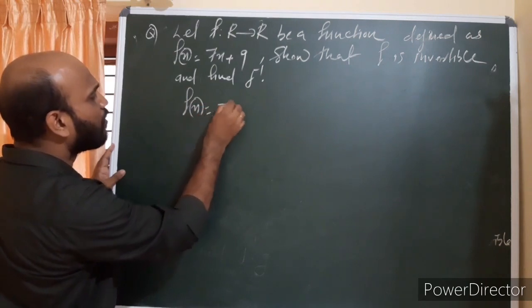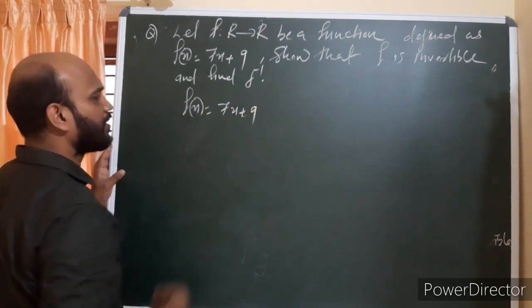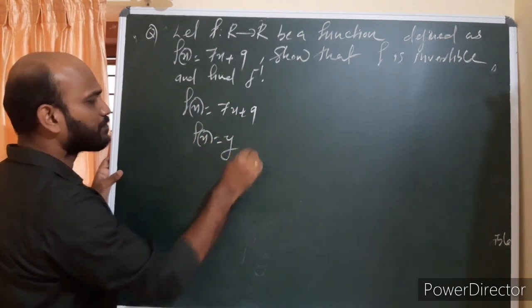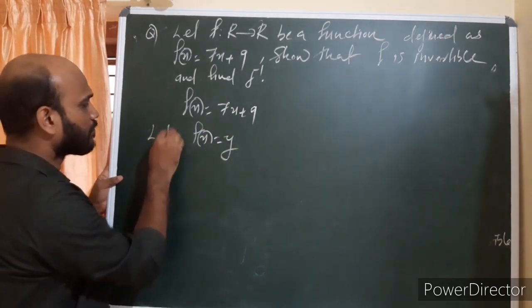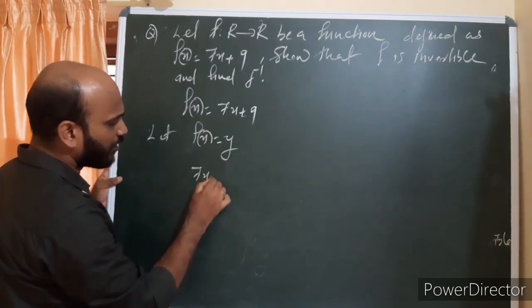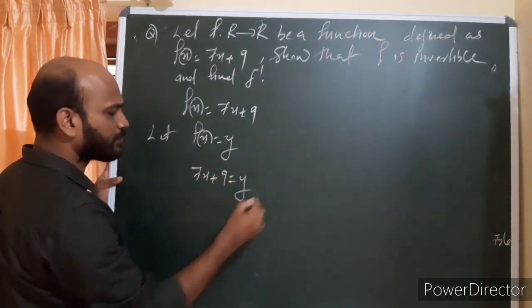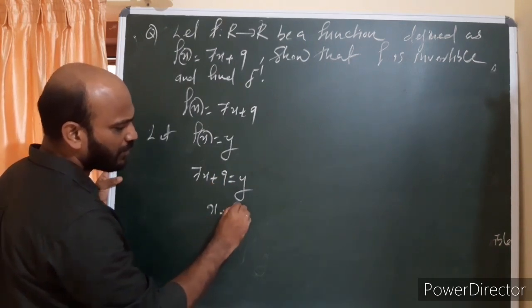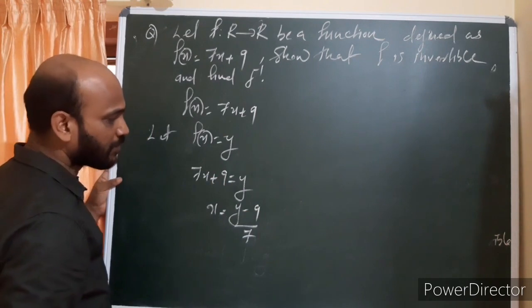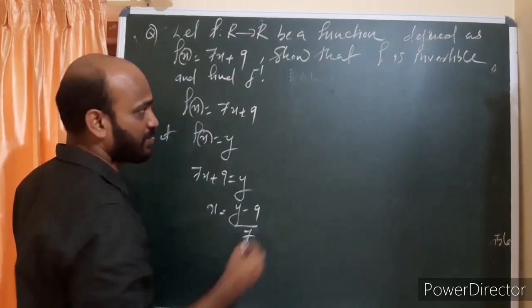So, given that f of x equal to 7x plus 9 and f of x equal to y, we will start from this step. f of x means 7x plus 9 equal to y. So what is the value of x? It is (y minus 9) by 7. Now we will define a function.